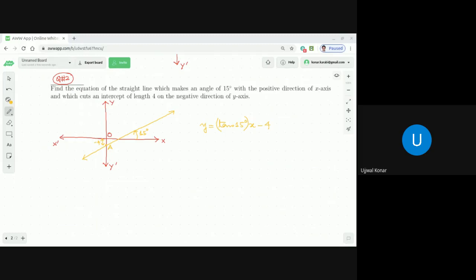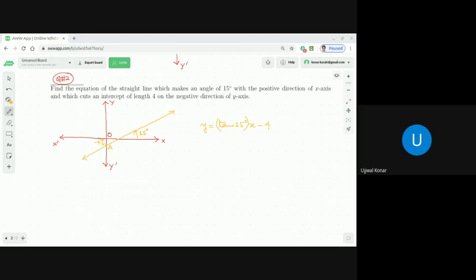Now you can find the value of tan 15 degree. If you can recall, then it is very good. Otherwise you can find the value of tan 15 degree, that is equal to √3 minus 1 by √3 plus 1. So tan 15 degree is √3 minus 1 divided by √3 plus 1.